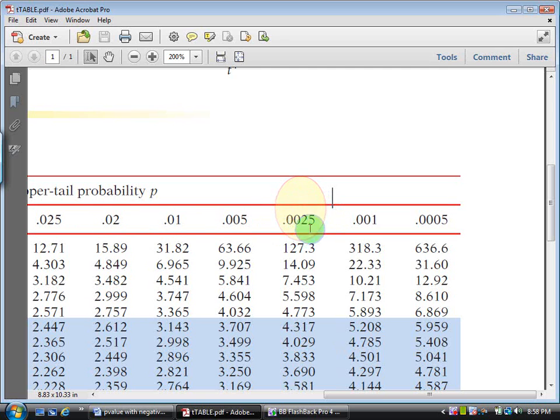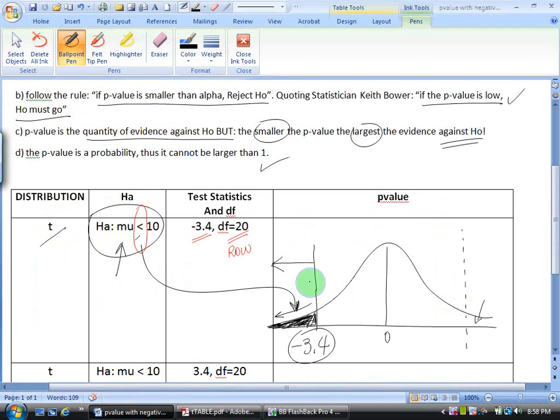The last one was 0.025. We passed it. So we know we are a little less than 0.025. So the p-value is a little less than 0.025.